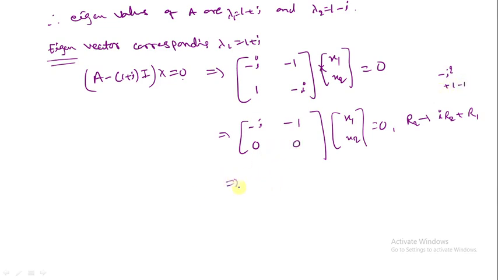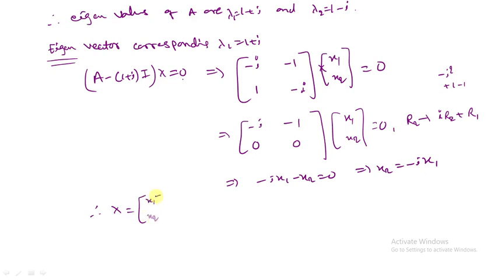That implies minus i x1 minus x2 equal to 0, so x2 equals minus i x1. Therefore x equals x1, x2, with x2 equal to minus i x1, that is x1 times the span of (1, minus i).